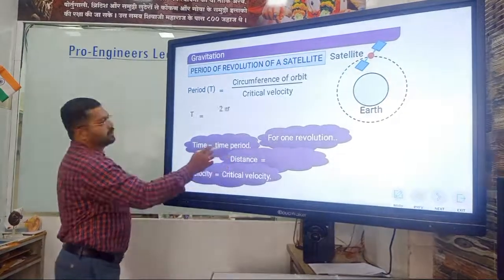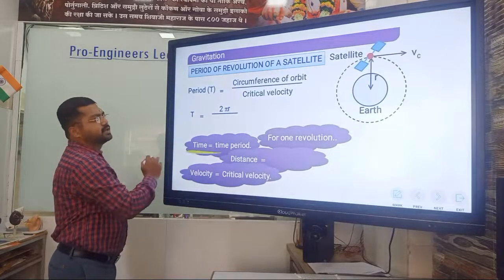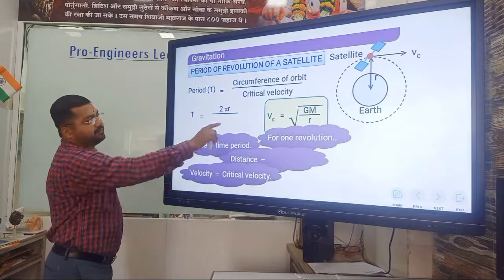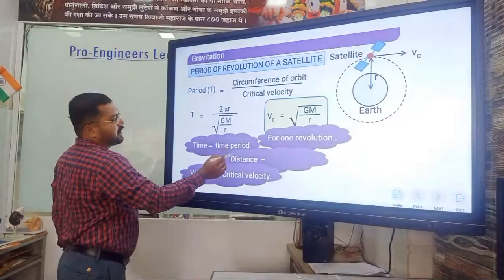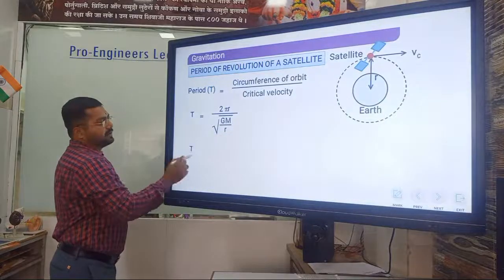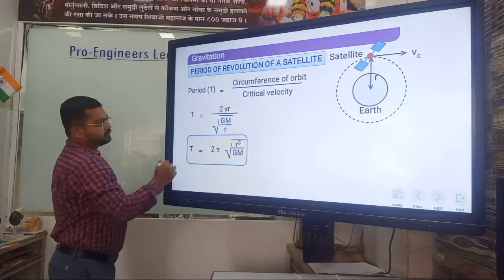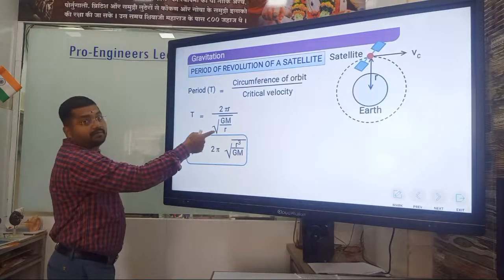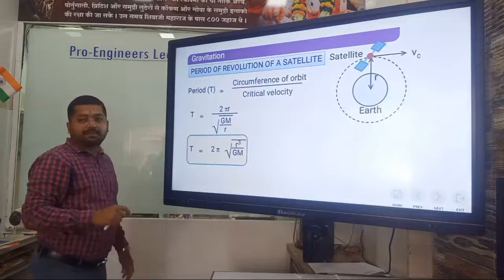So T is equal to 2 pi r. Circumference of orbit or circumference of circle is 2 pi r. But we see critical velocity is under root of GM upon r, right? Yes. So this r will not get cancelled. This will go up and that will be multiplied.